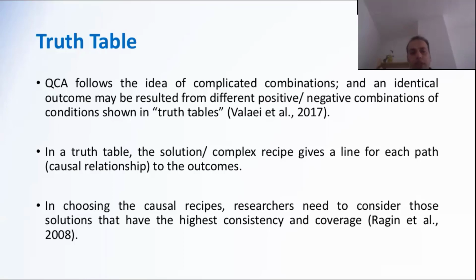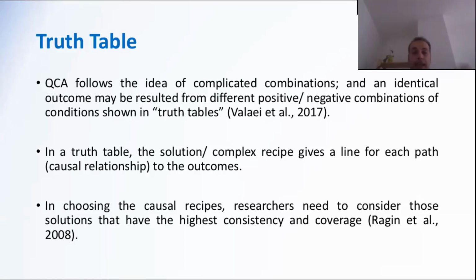So in the truth table, the solution or complex recipe gives a line for each path, which is a causal relationship to the outcome. In fuzzy set QCA, the purpose is to assess the causal recipes or solutions that result in high membership.